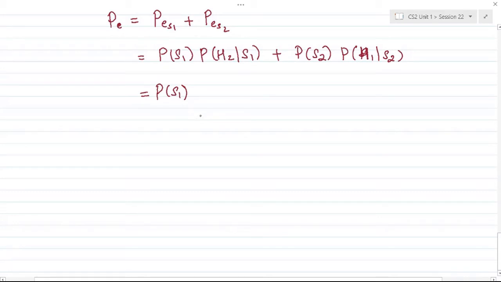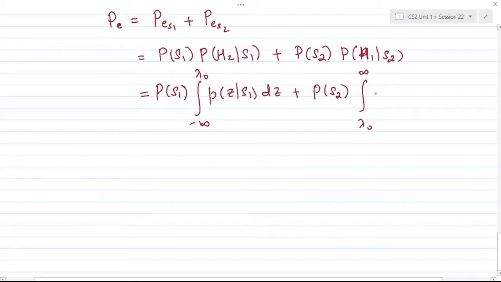probability of error. Probability of S1 times the conditional probability, which runs from the limits minus infinity to lambda naught, the threshold which is set, P of Z given S1. I'll just write this one step before substituting the values. Plus probability of S2 times integral lambda naught to infinity, probability of Z given S2 dz.